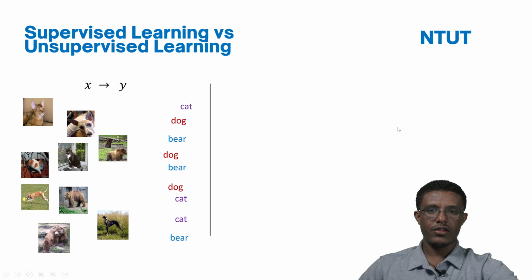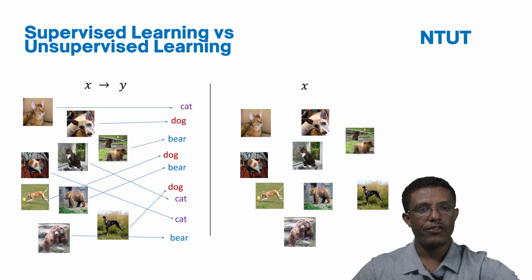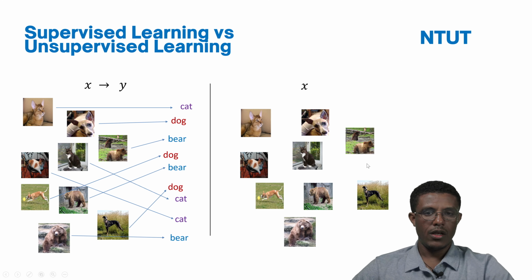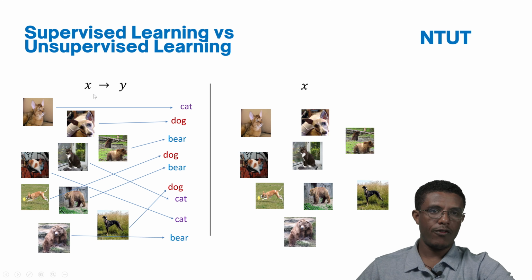This is an example that shows the difference between supervised learning and unsupervised learning. This is a type of supervised learning and this is a type of unsupervised learning. In supervised learning, the data should be labeled.